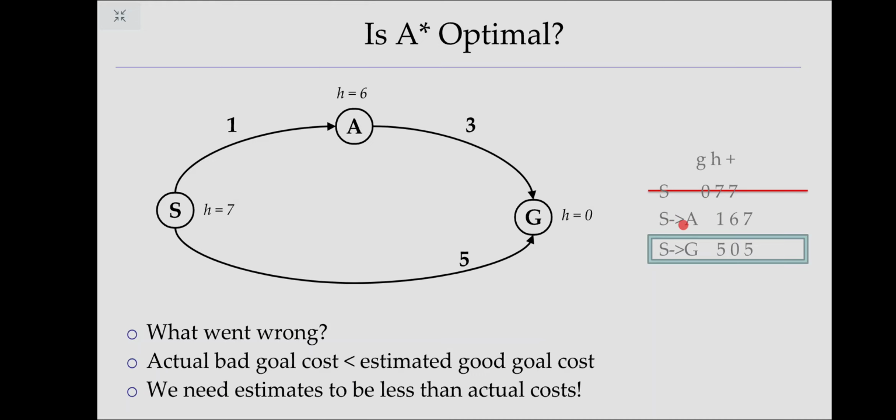For S to A, we have G equal to 1, and the heuristic is 6. 1 plus 6 is 7. Again, for the next neighbor, S to G, we define the G value equal to 5 and the H value equal to 0. 5 plus 0 is 5.